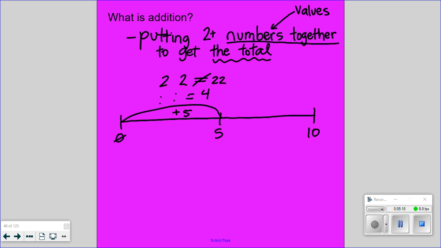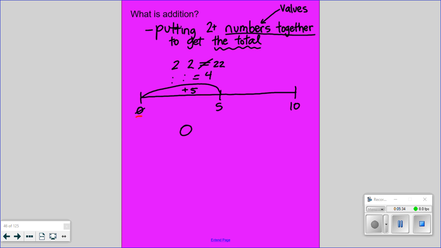So this picture matches the equation 0. That's my starting point. Whoops. It's just because my 0 popped up twice. Have some patience, please. 0 plus 5 equals, and then where I landed, which is 5. Again, I know you know that. I just want to make sure you know that on our number line, addition always moves forward.